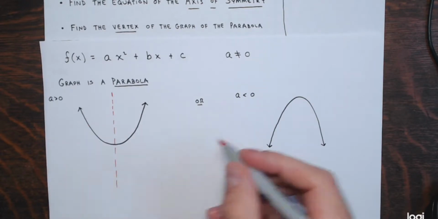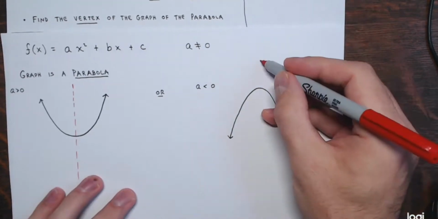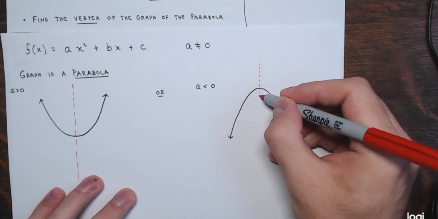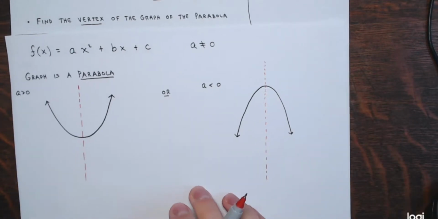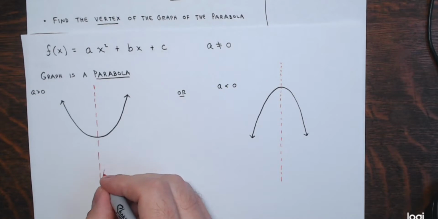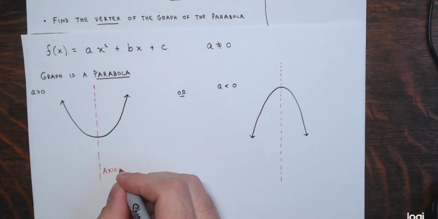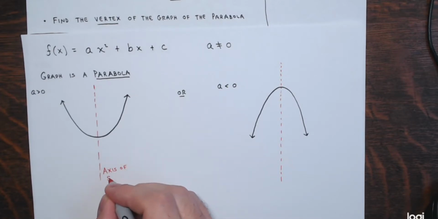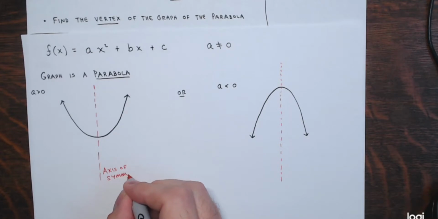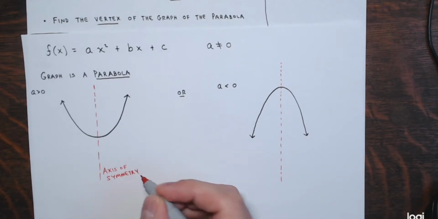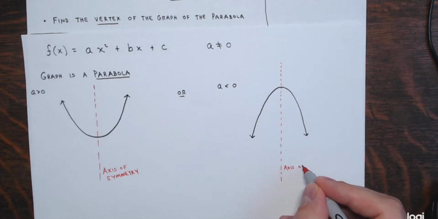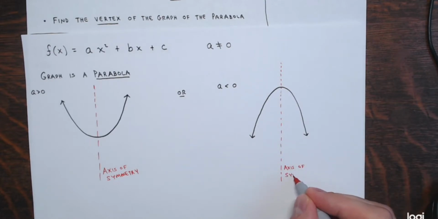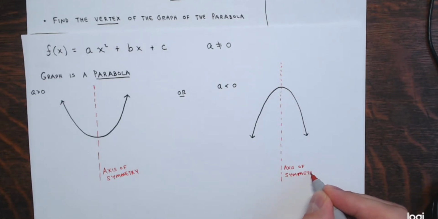This vertical line, and I'll do the same thing over here, that cuts the parabola in half, is called the axis of symmetry. So this here is also the axis of symmetry for this parabola.